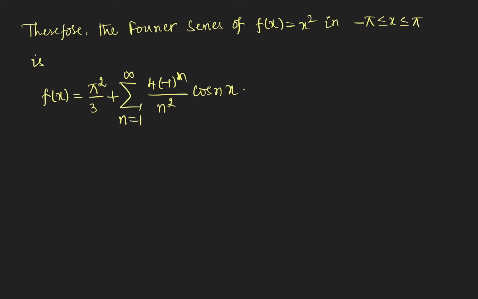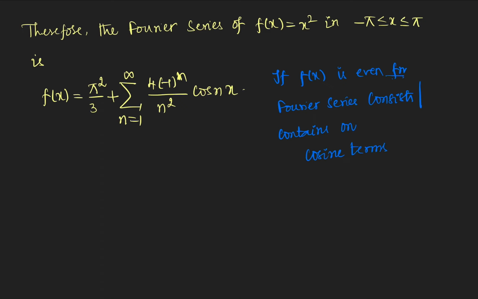So here, if f of x is an even function, the Fourier series contains only cosine terms.